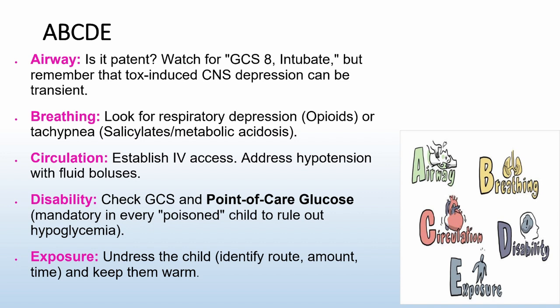For breathing and respiratory depression, we have to identify that most opioid and salicylate poisonings cause breathing difficulties, and metabolic acidosis mainly in salicylate poisoning more than other poisons. Then circulation: we have to restore the circulation.